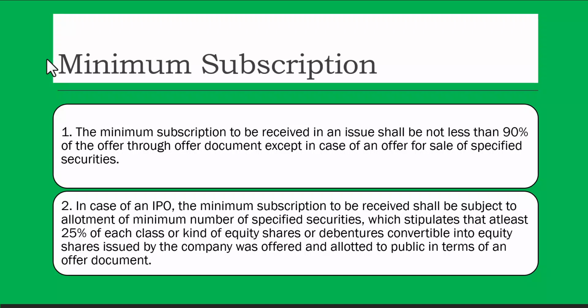Of the 90% which has been collected by the company issuer, 25% should come from the general public. So that's the second set of regulation. At least 25% of the issue size should come from the public, so there should be at least 25% participation from the public.